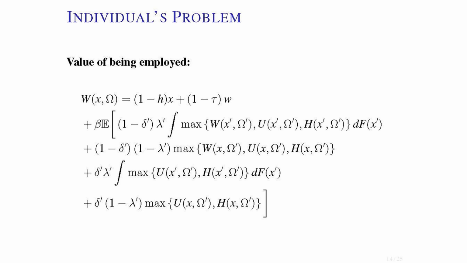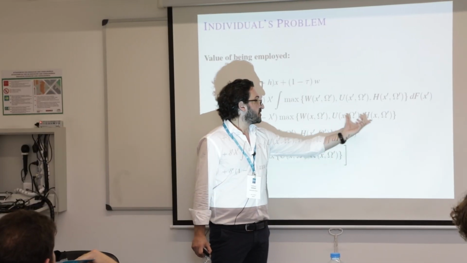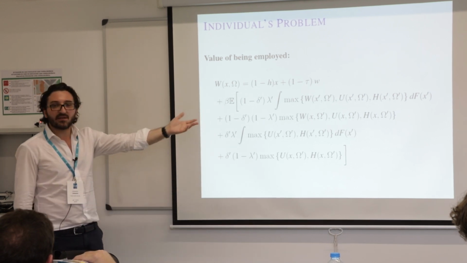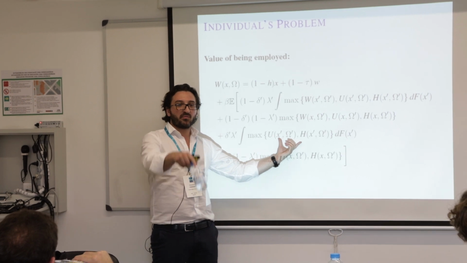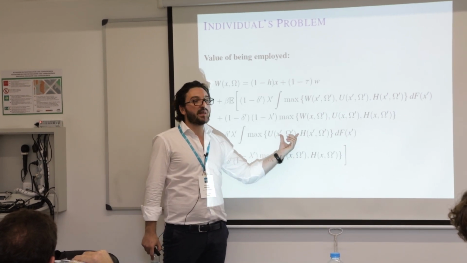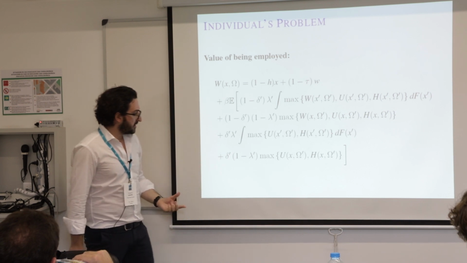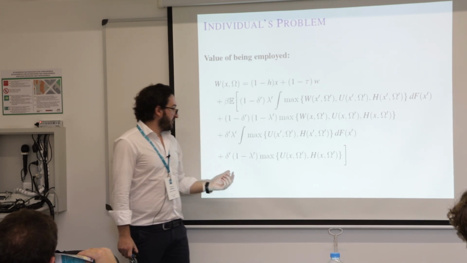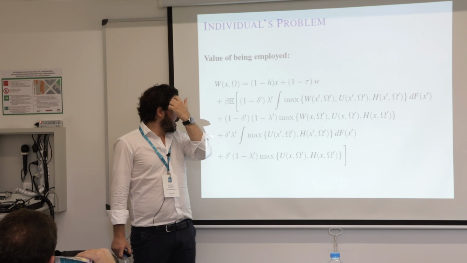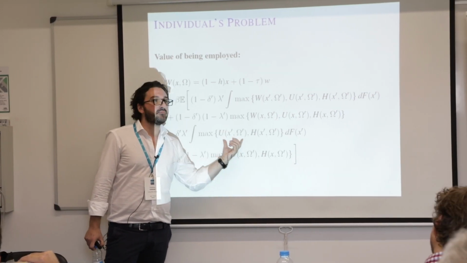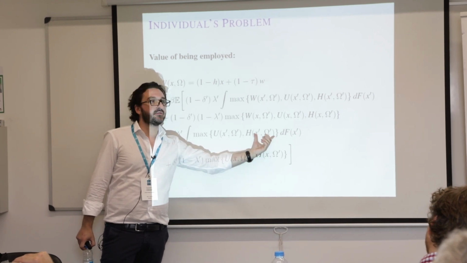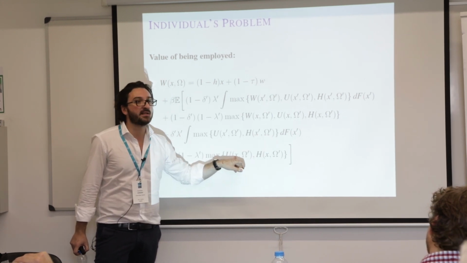Again, if the job is not destroyed and the individual keeps the same x, then again, it's just comparing the three values, keeping the same x. If the job is destroyed, then the individual has to choose, going back to your point, at each point in time, whether he wants to be unemployed or out of the labor force. This is intuitive, and otherwise, if the job is destroyed and the individual keeps the same value of x, then again, he compares the value of being unemployed and the value of being non-participant, keeping the same value of x that he has currently.